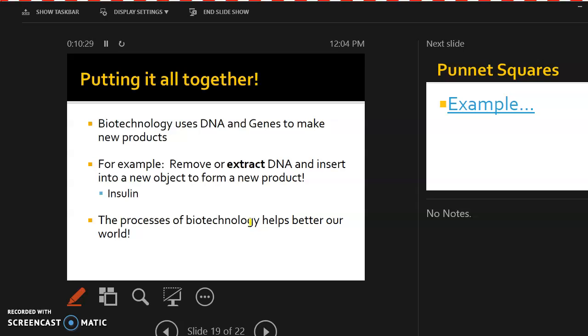So, for example, to remove or extract DNA and insert it into a new organism to form a new product is insulin. Through biotechnology and knowing what we know about DNA, we were able to invent insulin. Okay, so in the world, the processes of biotechnology help us improve our world.